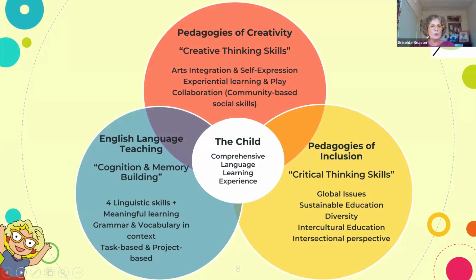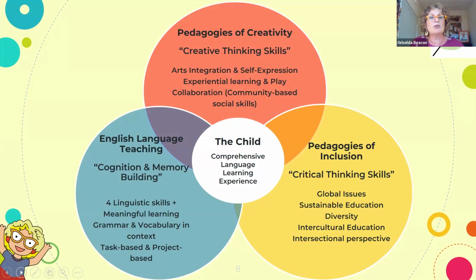So how do I help a child develop a comprehensive language learning experience? Well, in my English class, I will use the 4 skills plus culture, etc., with meaningful learning that I take from pedagogies of inclusion and pedagogies of creativity, with grammar and vocabulary in context and task-based and project-based approaches.